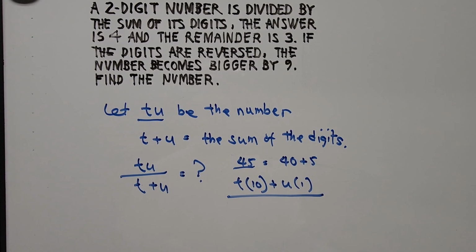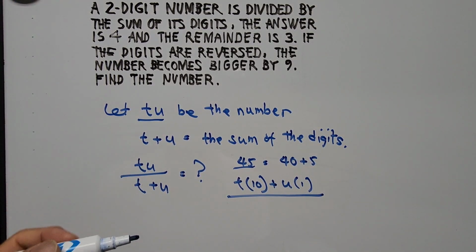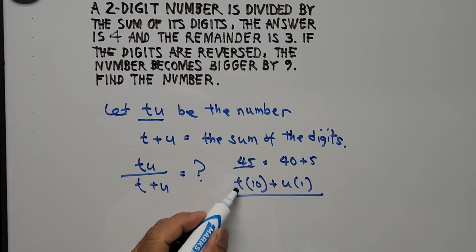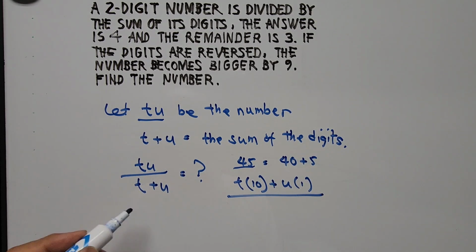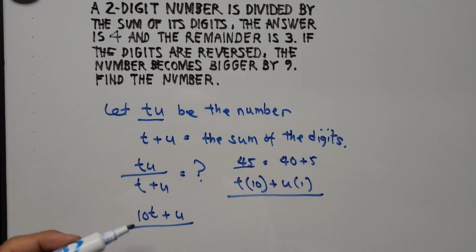So we now have here, the number divided by the sum of its digits can be written as 10t plus 1u, or 10t plus u, divided by the sum of its digits, t plus u, right?